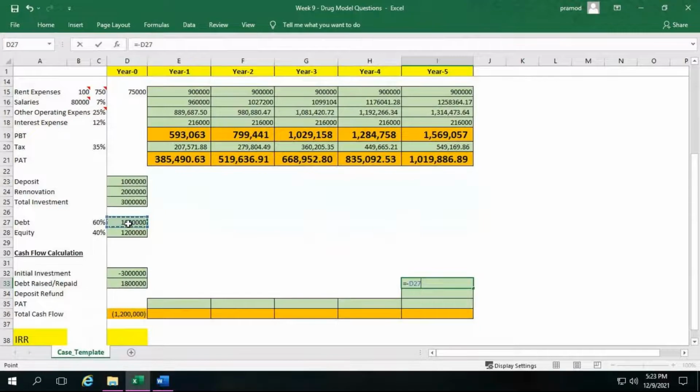Because you are paying every year, in the first year it is repaid, then it continues for the 5 years. With the zeroth year, continuing from 1 year to 5 years, it should be represented as minus. Then what is the deposit refunded? The deposit amount is here. You select the deposit amount here.